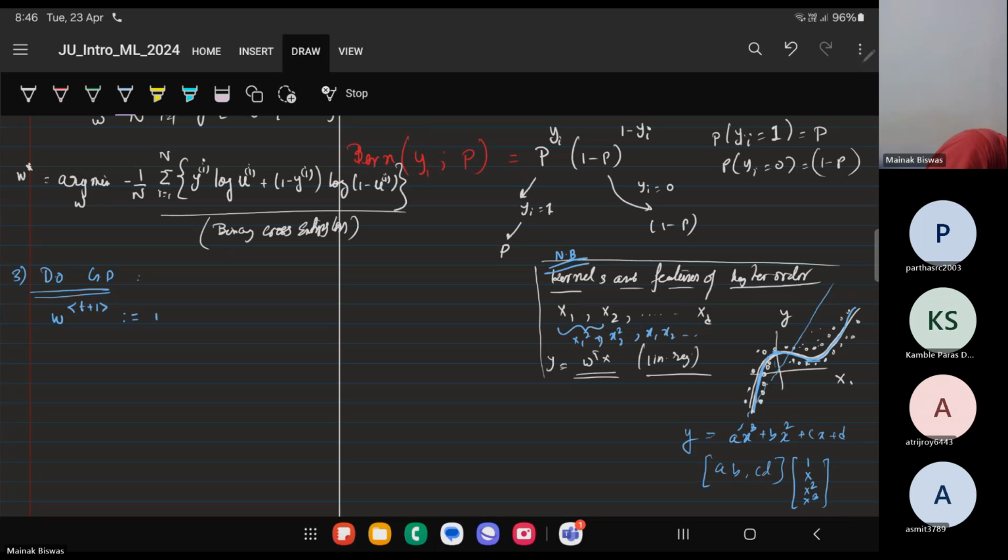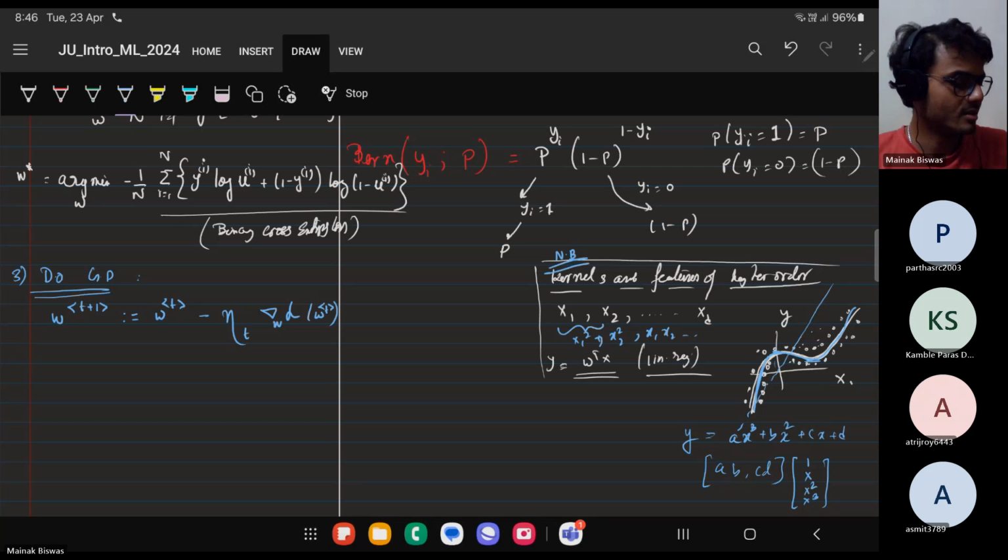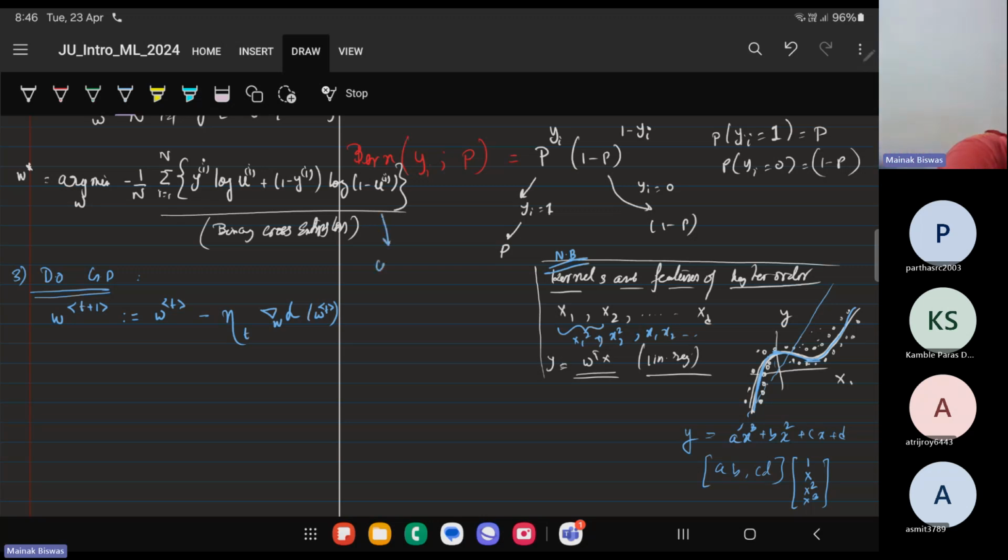W(t+1) is W(t) minus eta times the gradient of the loss. Yes or no? Is this okay? We saw this algorithm. This algorithm worked. And this is also a convex function. You can check. How can you check it is a convex function?